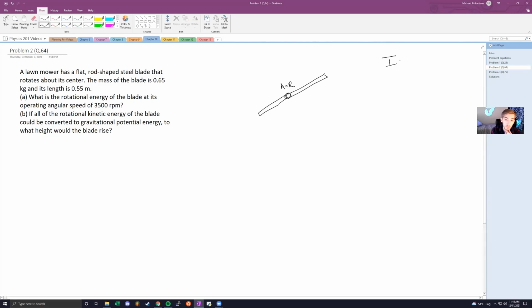So we know that its moment of inertia is going to be 1/12 mr squared. Well, if it has some path like this with some angular velocity, omega, and some radius, r, then we can define our radius is 0.55 meters. And the mass of the blade, which is going to be equal to 0.65 kilograms.